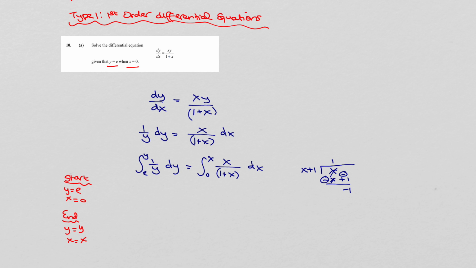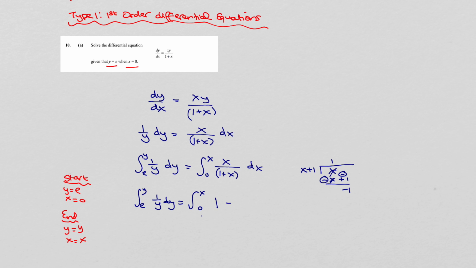So we have a remainder of minus 1. So in other words, that can be written as x plus 1 divides into x once with a remainder of minus 1. And now we have something that we can integrate.